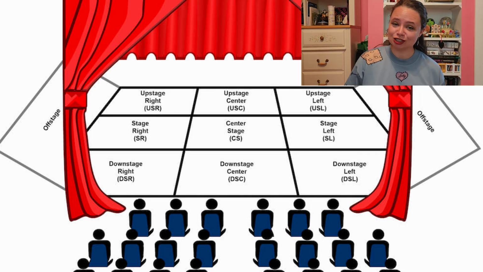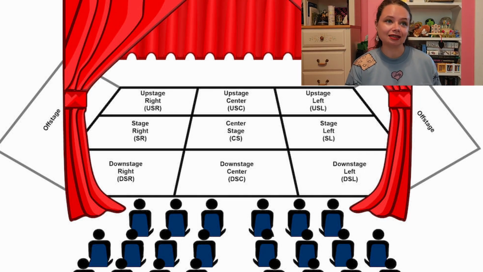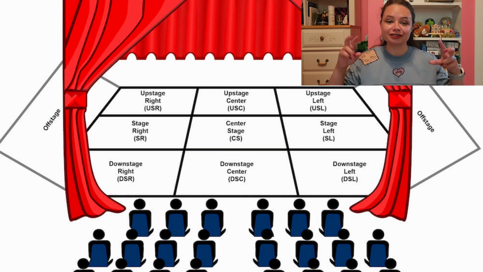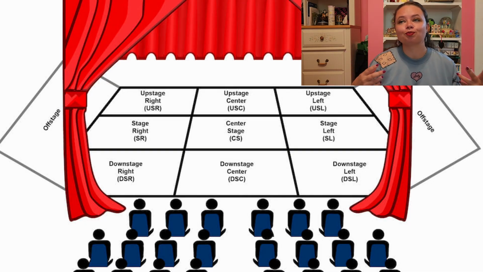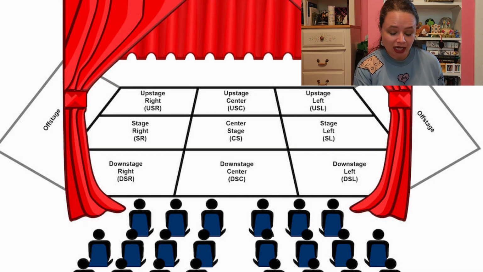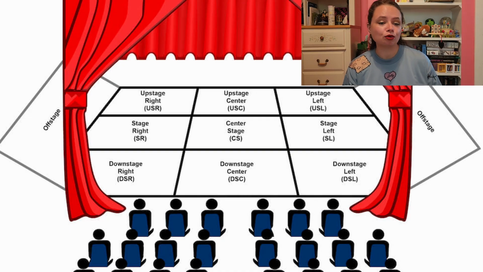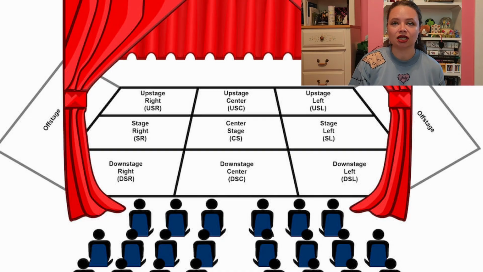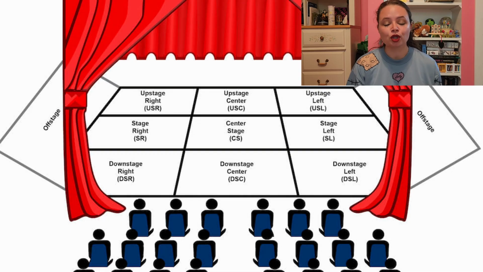And so, as a stage manager, I am sitting in what is considered the audience most of the time during rehearsal, taking blocking if I'm the PSM, or if the PSM is out and I'm taking blocking, whoever is taking blocking, you're usually sitting in the audience.